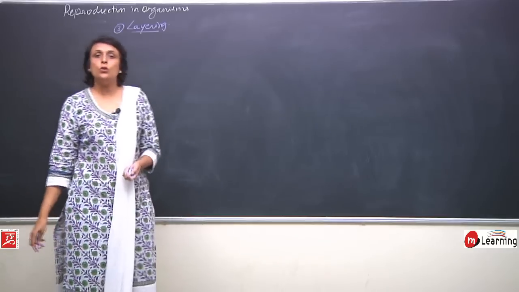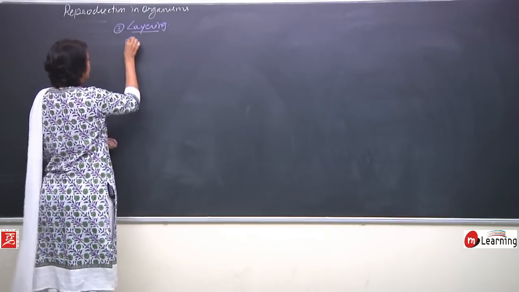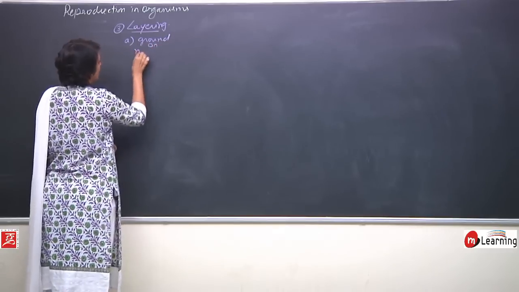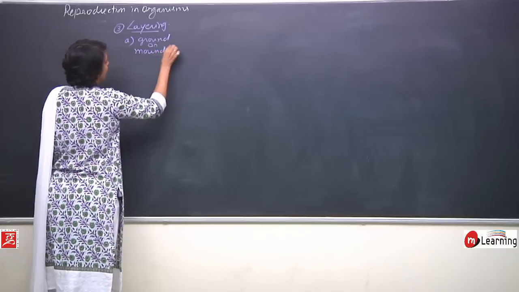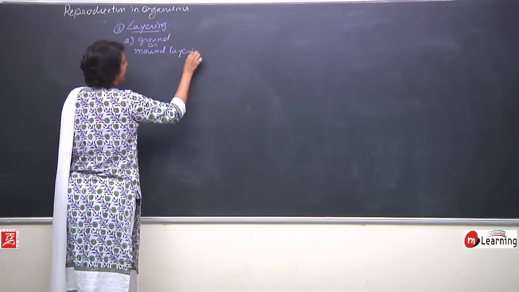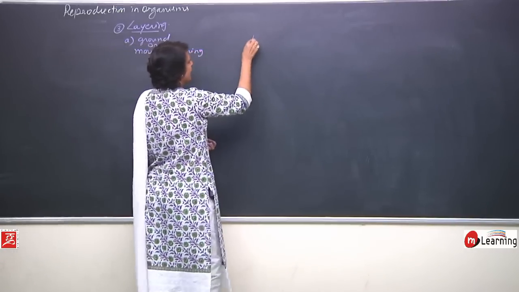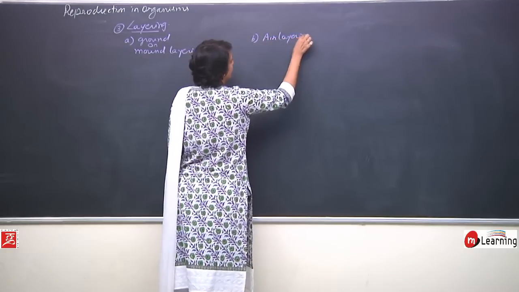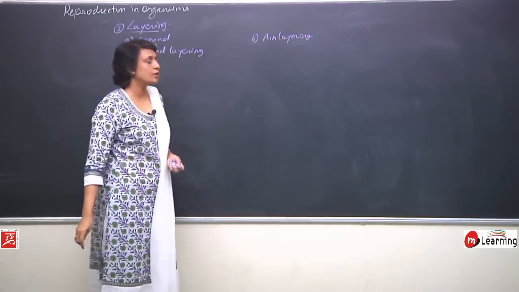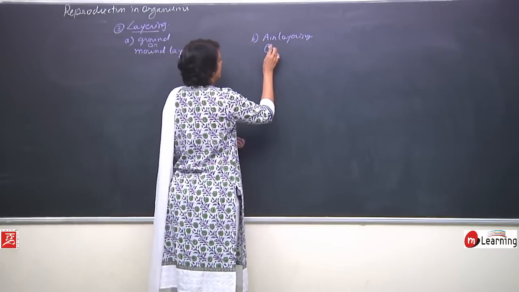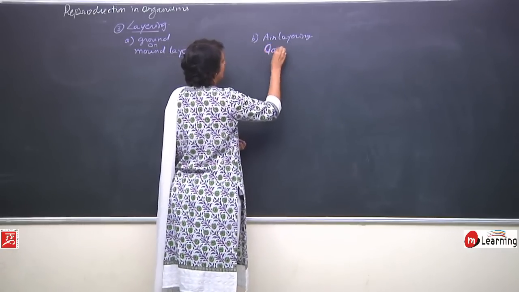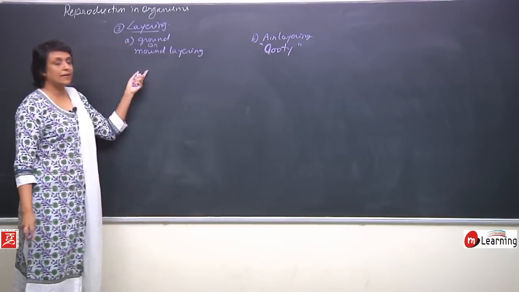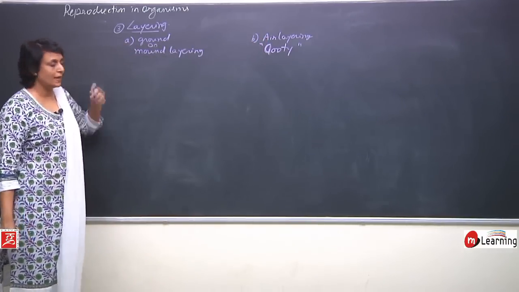One is called ground or mound layering, and the next one is known as air layering. This technique of air layering is also known as Guti. It is called Guti.